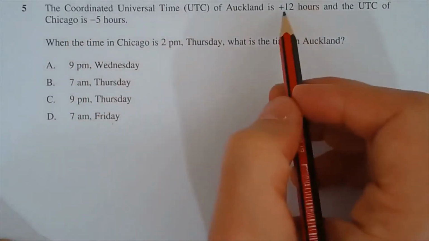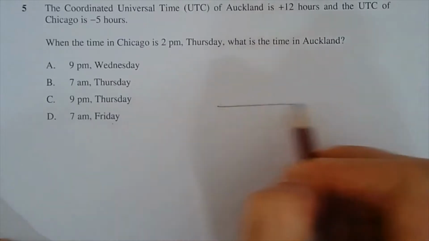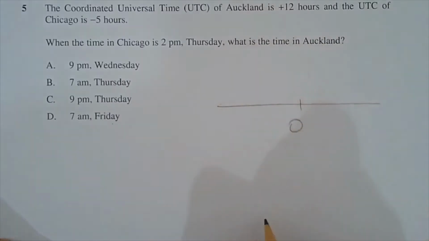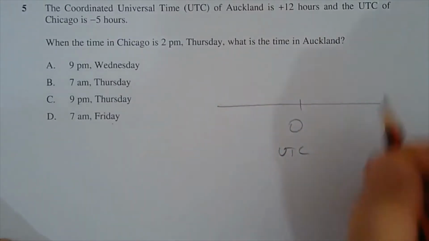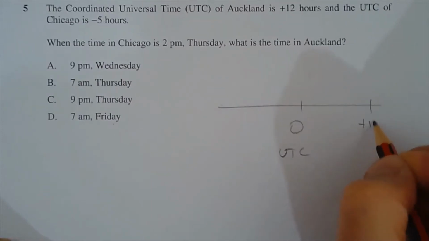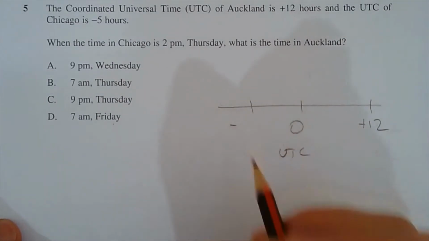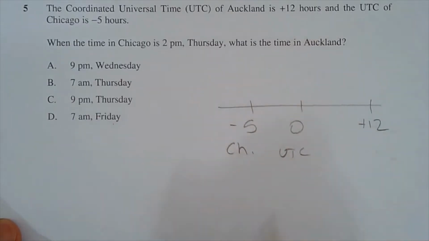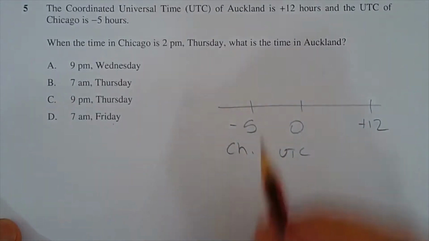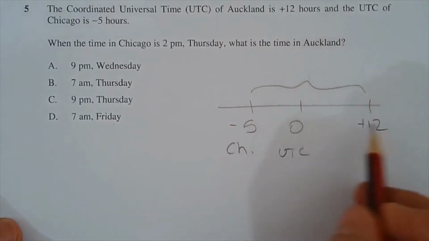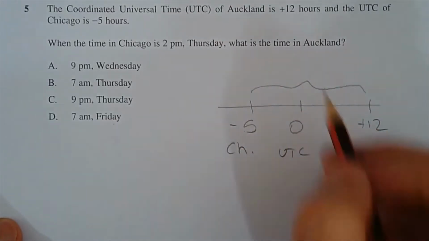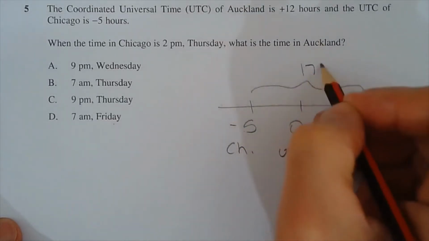In fact, if you were to draw a quick number line, there's 0, which is our UTC. Auckland is 12 hours ahead of UTC. Chicago is negative 5 hours behind UTC. The difference between negative 5 and positive 12 is 17 hours.